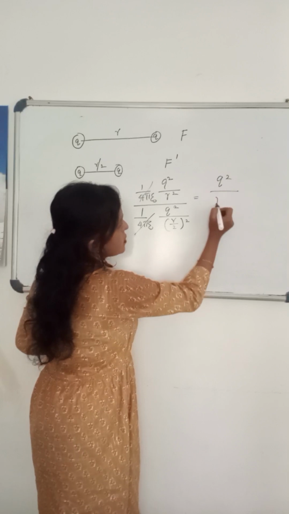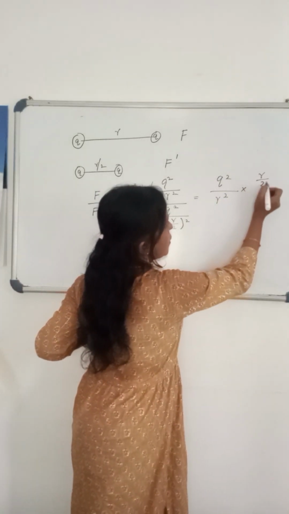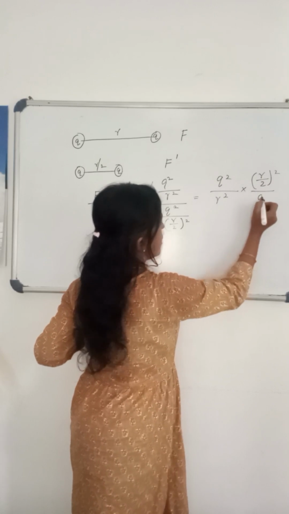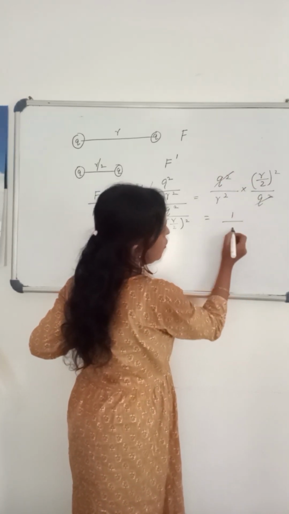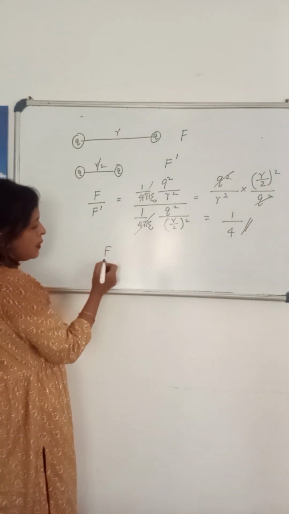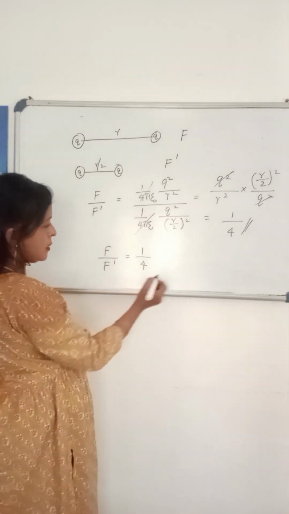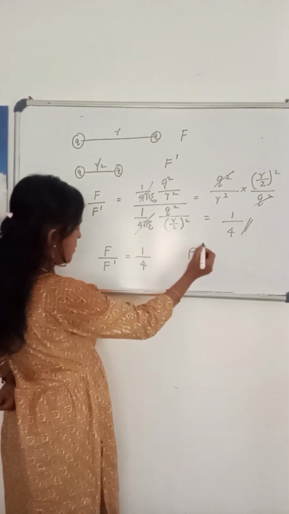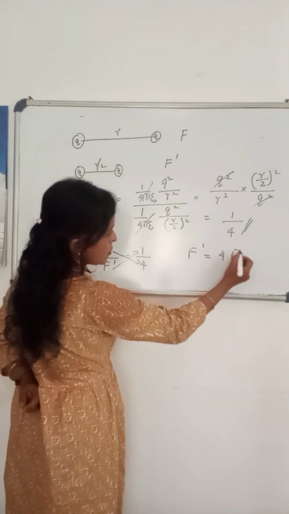Q square by R square into (R by 2) whole square divided by Q square. Q square and R square cancel, and 1 by 4 is the answer. That means F by F dash equals 1 by 4. That means, just cross multiply, F dash is equal to 4 times the force.